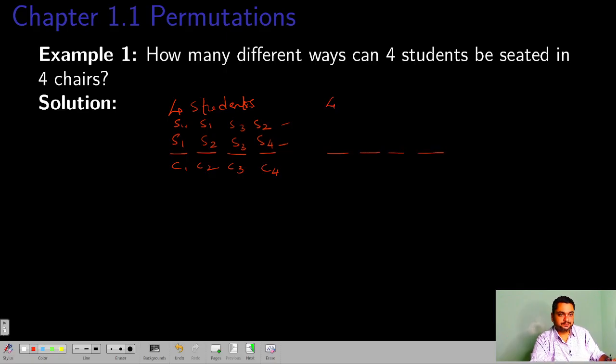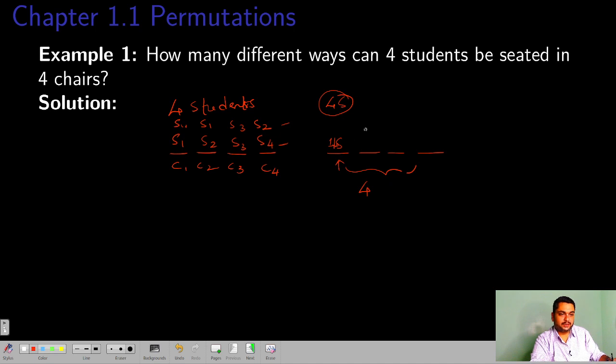Let us take these 4 students. This is the first chair. Let us say that any one out of these 4 students will occupy this place. So how many ways can we do it? The first student can take this chair in 4 ways, right? That is one path.